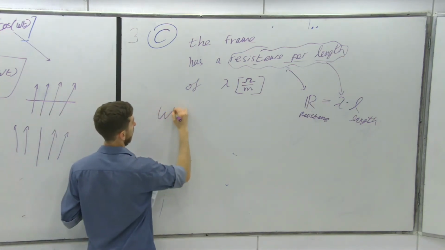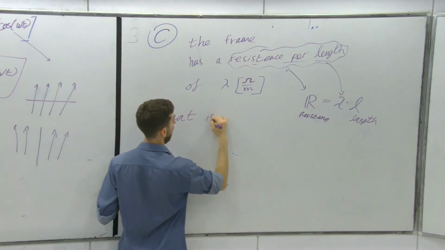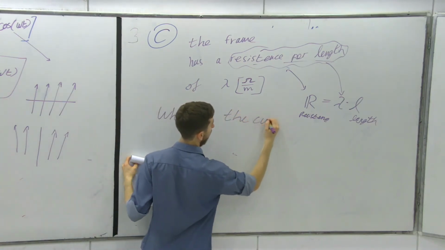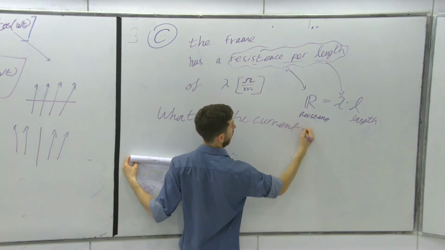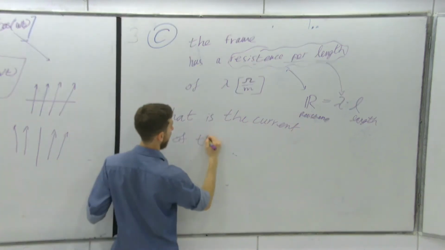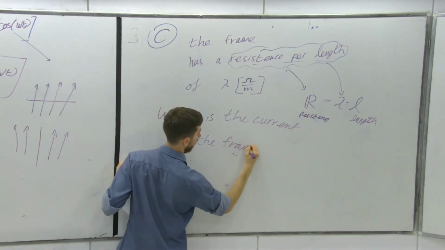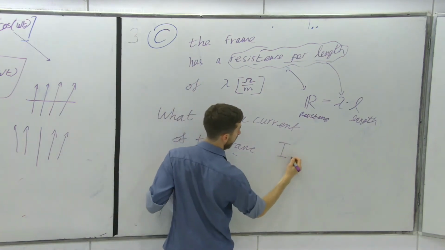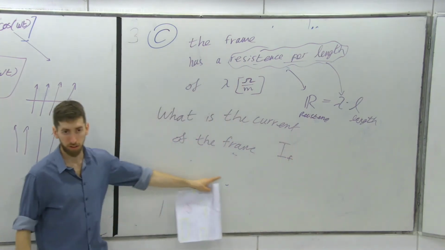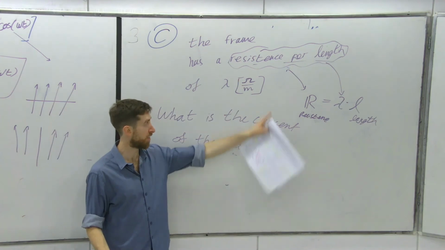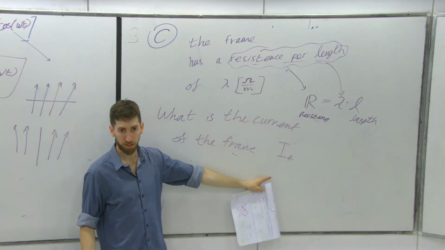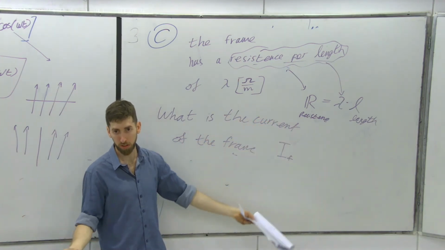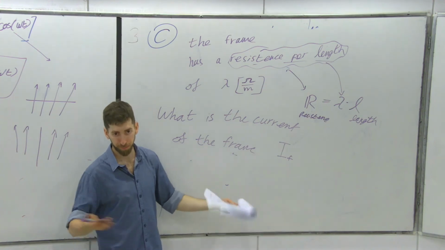What is the current of the frame? How can we find the current? We have the resistance and we have the voltage, so which law?